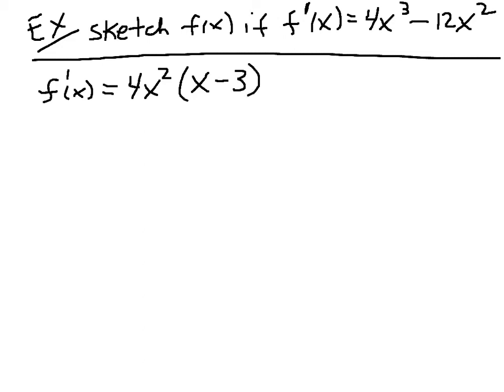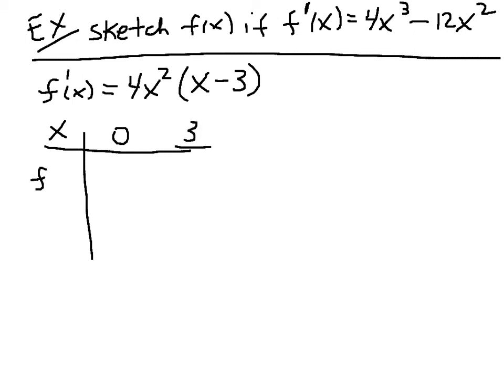So if I employ a sign chart here, as we did before, it's a very important point, and that has to do with the fact that that's a squared, which means that although the derivative is 0 at x equals 0, the derivative doesn't change sign. That's a huge idea. So for our sign chart, we're interested in 0, and we're interested in 3.